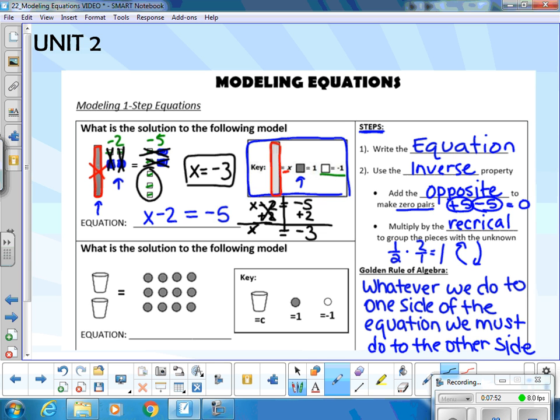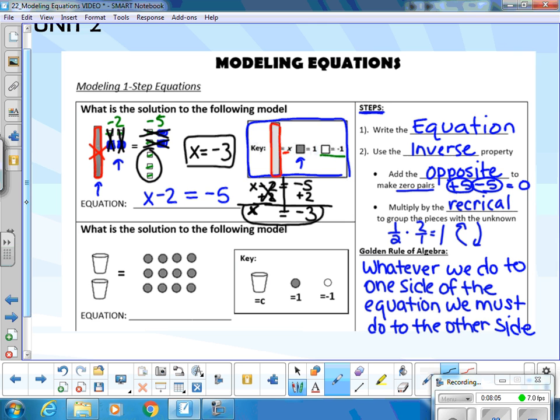So now I have x is equal to -3. So my math work matches what I did on my model. That was a one-step equation, which means one operation, and our operation being done here was subtraction. So we undid it by adding to each side.